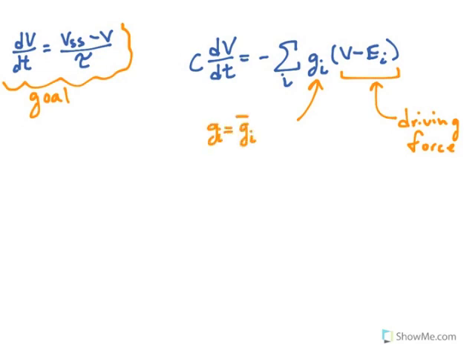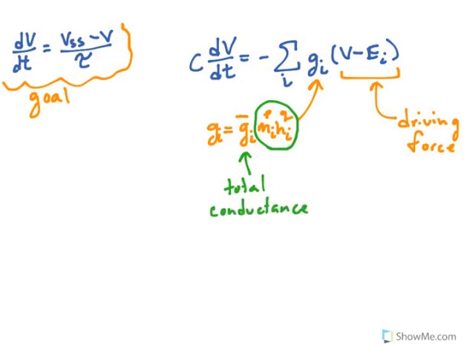Now we have Gi Ei minus a second sum, Gi times V. And now I'm going to factor out this V because this V is the same in all the terms on this rightmost sum. So then we have C dV/dt equals the same thing here, Gi Ei, minus V times the sum of all Gi. And the sum of all Gi is the total conductance of the membrane, or 1 over the membrane resistance.